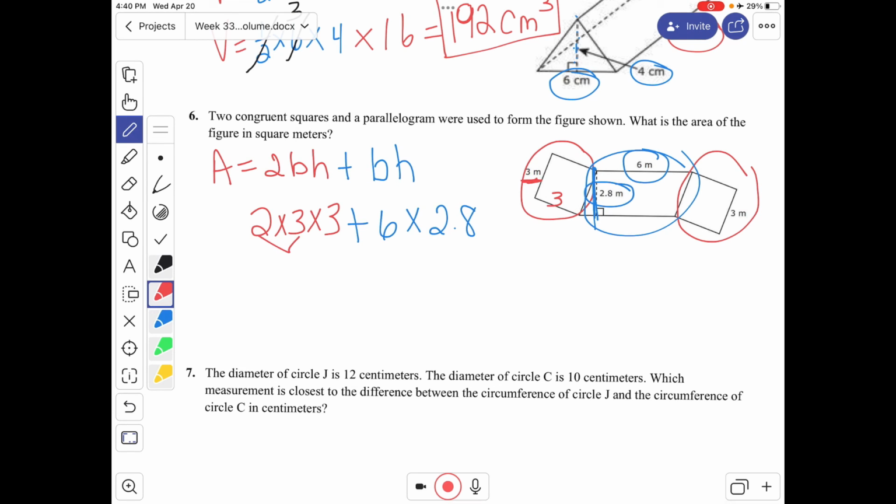Well, 2 times 3 is 6, 6 times 3 is 18. 6 times 2.8 is 16.8. Then you add those together. Remember when you add those together that you need to line up the decimals.